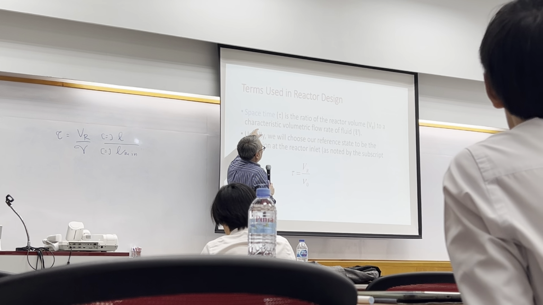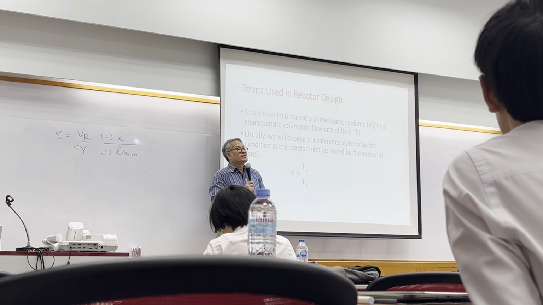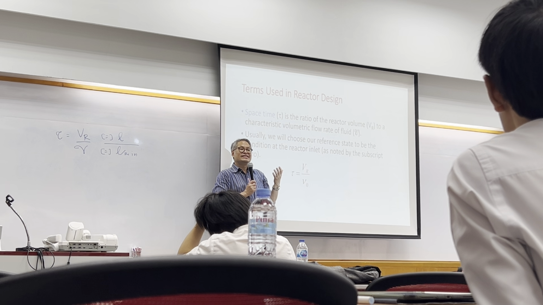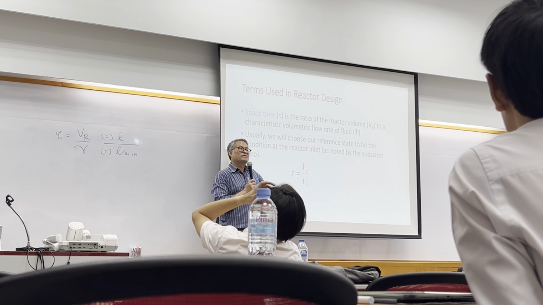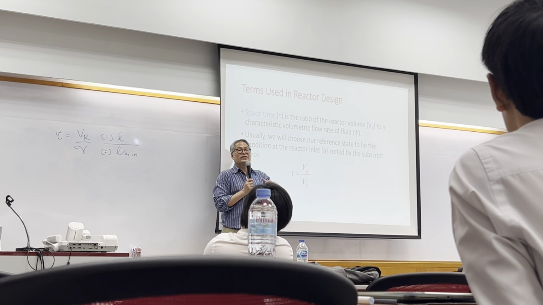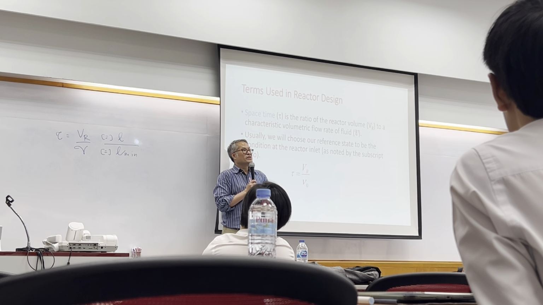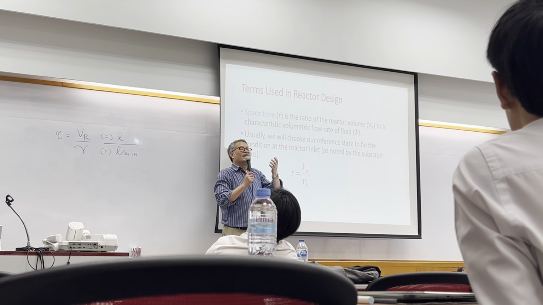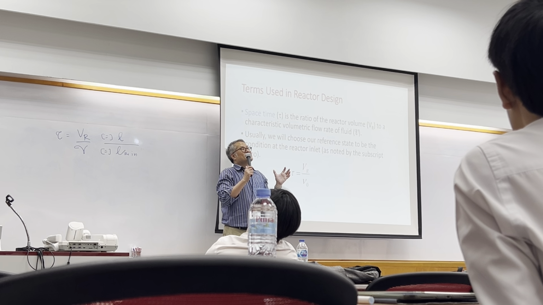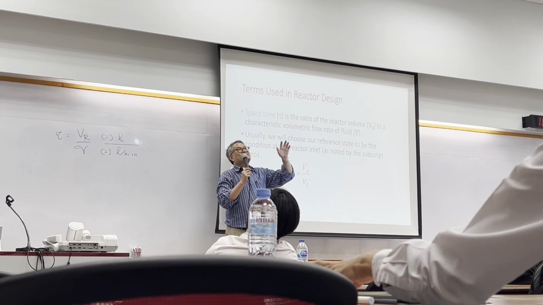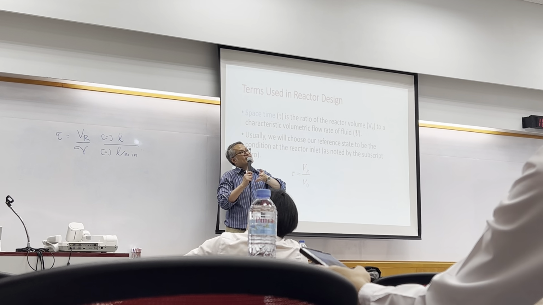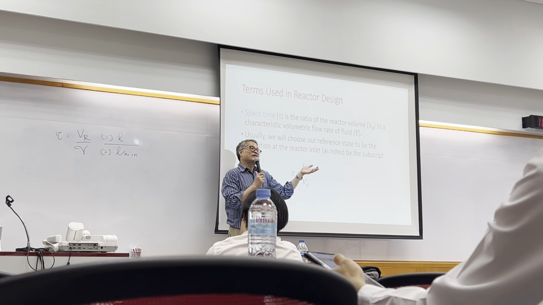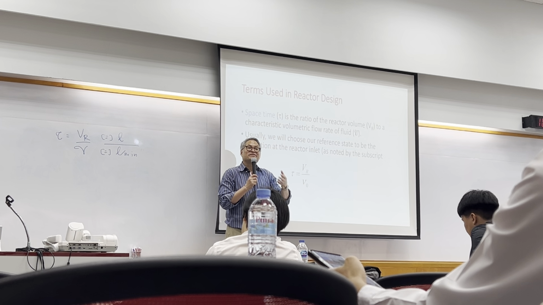But sometimes the flow rate will change, okay? For example, if temperature changes, the volumetric flow rate might change, right? Or sometimes if you have a reaction that has a different number of moles on the reactant side or the product side, then you have a change in volume as well.